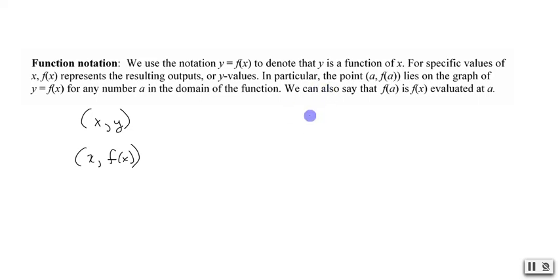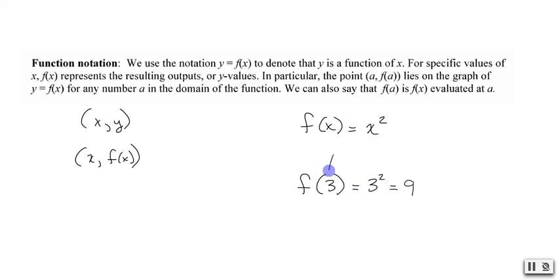So if I had something like f of x equals x squared, then if I wanted to evaluate this at a value of 3, then I would say f of 3. So in place of the x is a 3, so you know that in the function you're replacing the x with a 3, and you simplify.